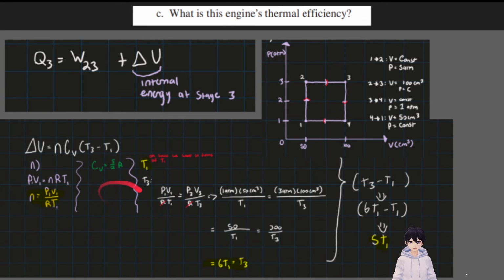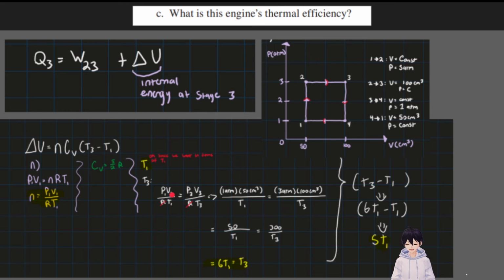But for T3, we can put it in terms of T1, because we know that the number of moles for point 1 and point 3 are the same. So we can have PV divided by R multiplied by T at the first point is equal to this at the third point. We see that the R's cancel out, and it leaves us with this right here.